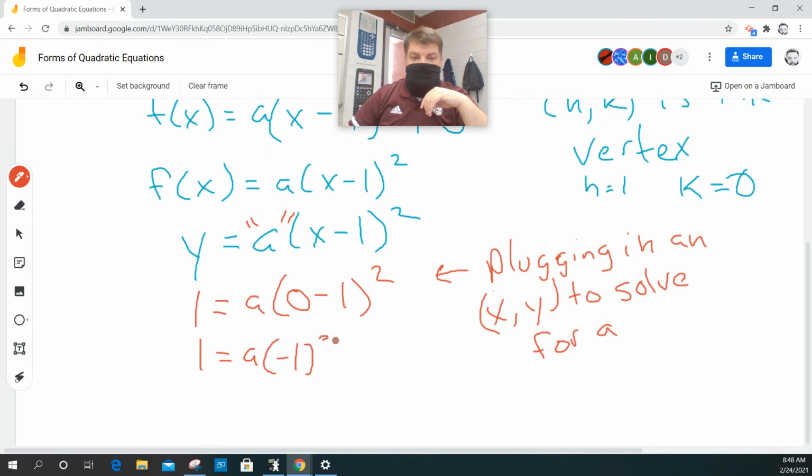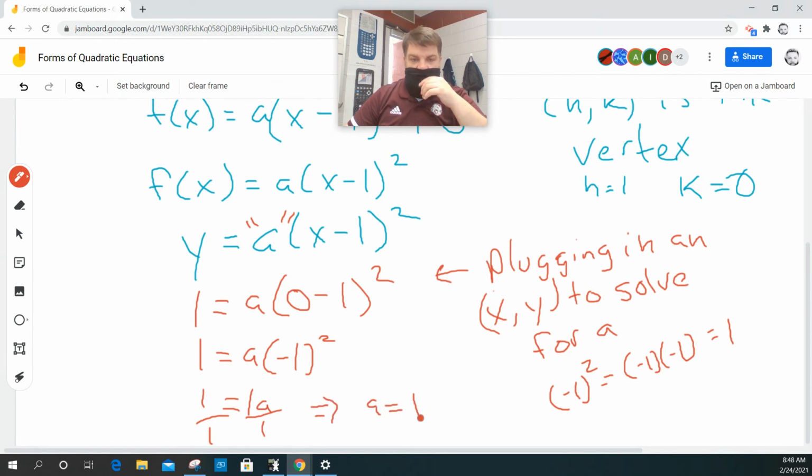Minus 1, and that's squared. What's negative 1 squared? Well, negative 1 times negative 1 is a positive 1. So this becomes a times 1, or we could say 1a. Well, if I want to figure out what a is, I just divide by 1, and I end up with a equals 1.